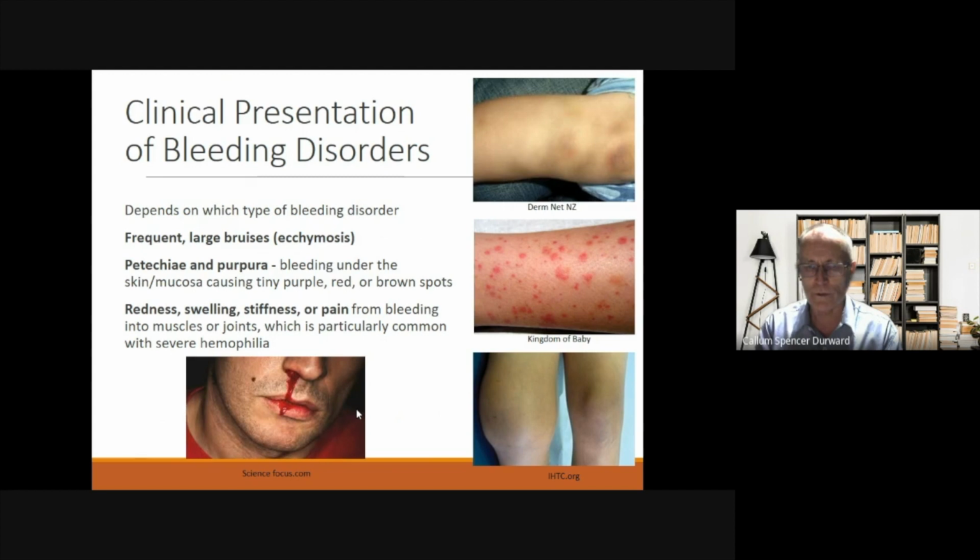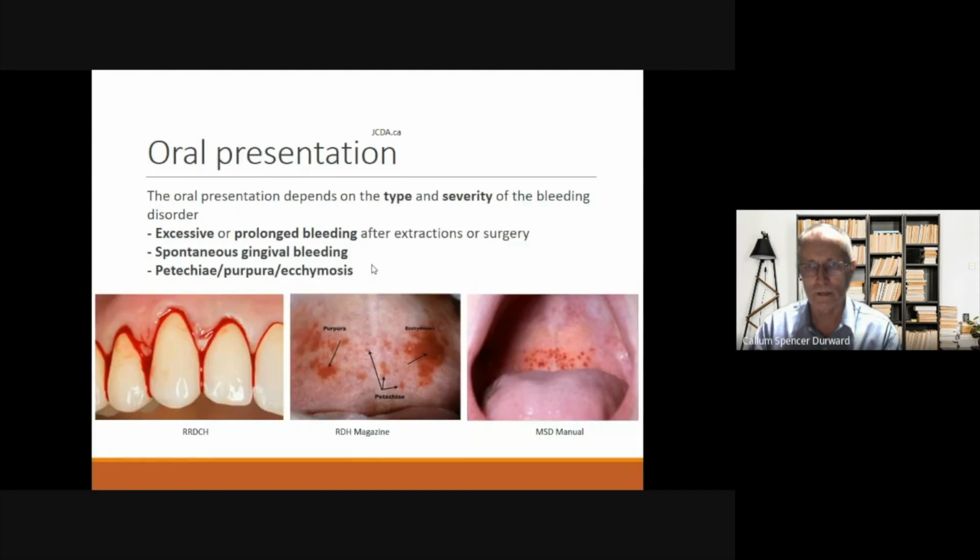There can also be redness, swelling, or stiffness and pain from bleeding into muscles or joints, which is particularly common with severe hemophilia. And bleeding nose is also a common feature.